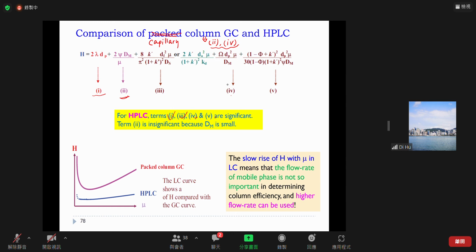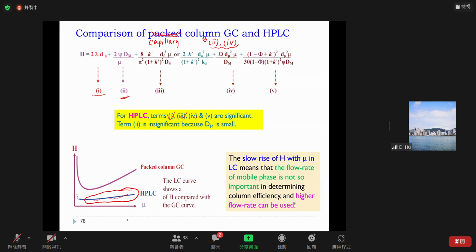As you can see, LC shows a much smaller H, and it also has a flatter C term contribution, a slow rise of H. Although the optimized flow rate of liquid chromatography is quite small, there is a very small slope for the increase of plate height with flow rate.